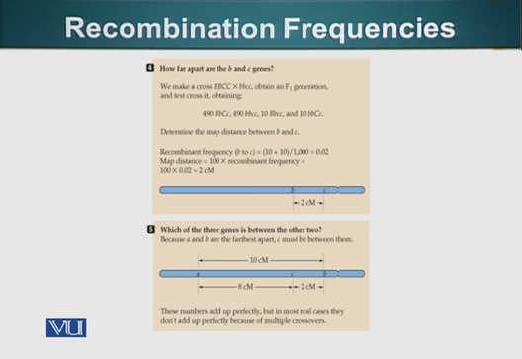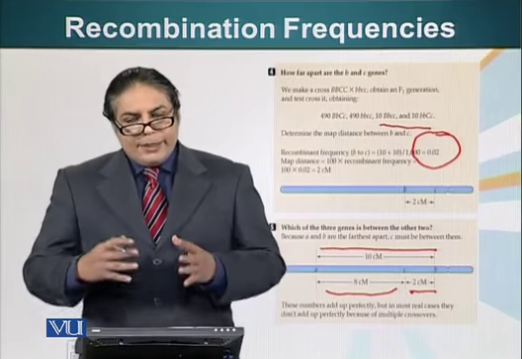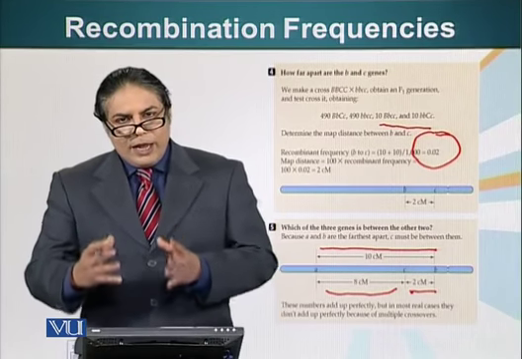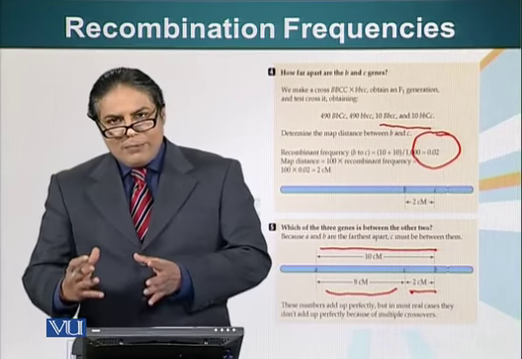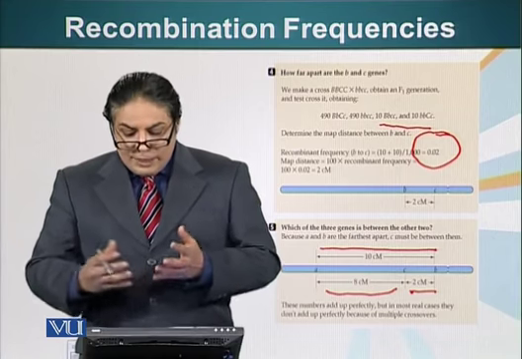It is 0.02, or 2 centimorgans. Now with this information, we know the precise relative position of these three genes. A and B are 10 centimorgans apart, A and C are 8 centimorgans apart, and C and B are 2 centimorgans apart.